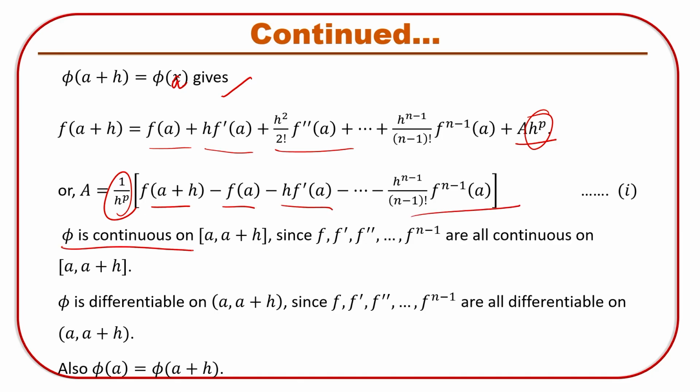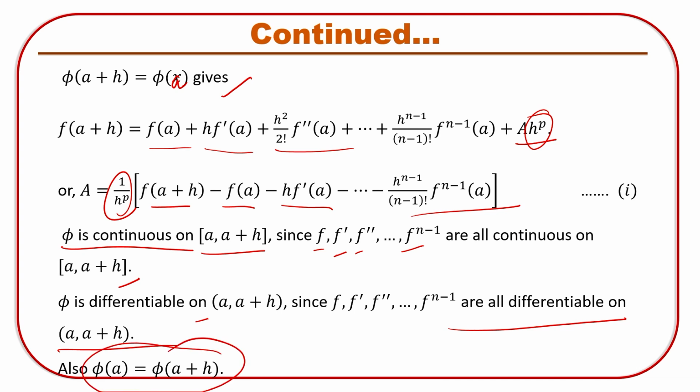Since phi is continuous on the closed interval, and f, the first, second till (n minus 1)th derivatives are continuous on the closed interval. Similarly, it is differentiable, and all the derivatives up to (n minus 1) are differentiable on the open interval. Then also phi(a) equals phi(a plus h).